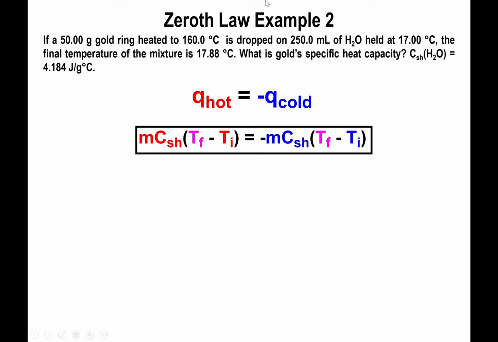What we're going to find out in this problem is the specific heat capacity of gold. In order to do that, we need to know the specific heat capacity of water, 4.184 joules per gram degree Celsius. Needless to say, we have a substance at a higher temperature than a second substance, so we have Q hot equals negative Q cold.